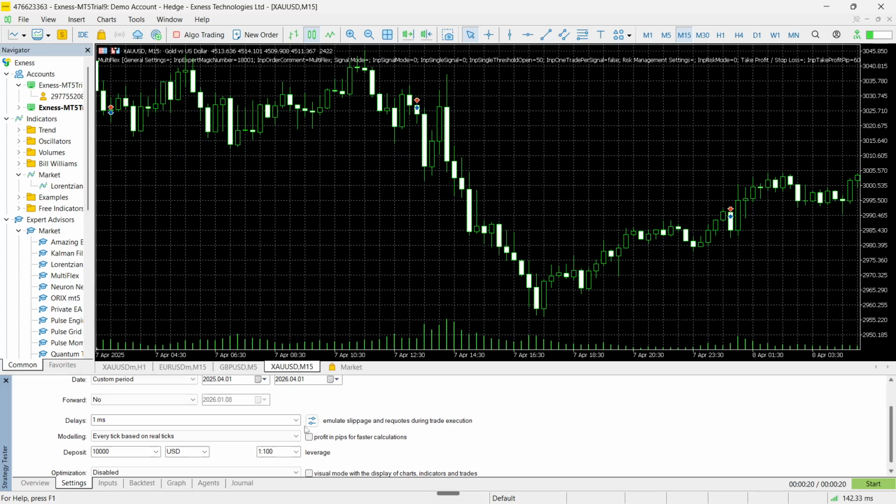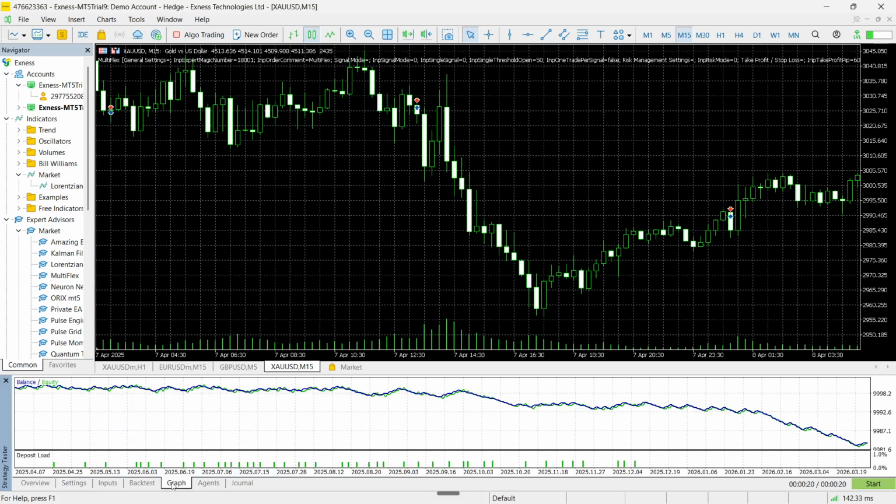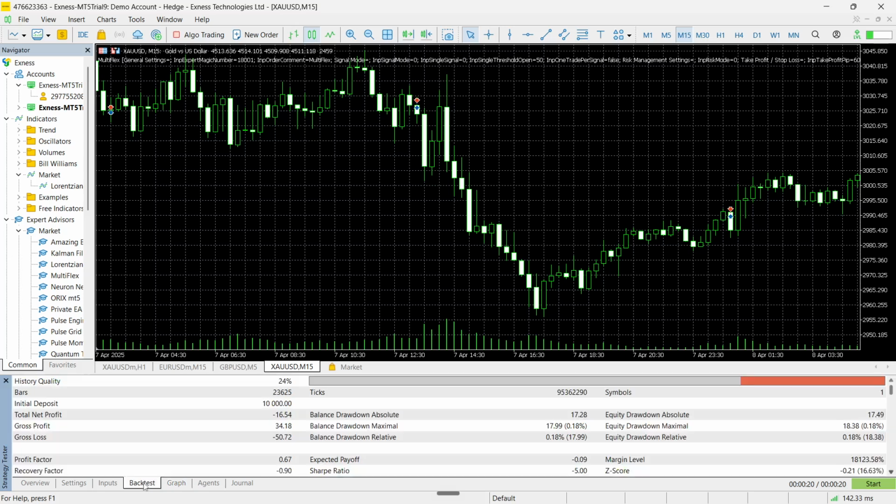So, for an initial deposit of 10K, the equity curve shows a gradual decline ending slightly negative, actually, with a net loss around minus $16. The profit factor is 0.67 and maximum relative drawdown stays very low at about 0.18%.